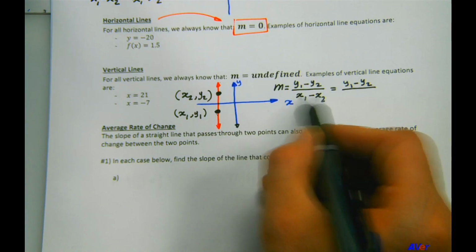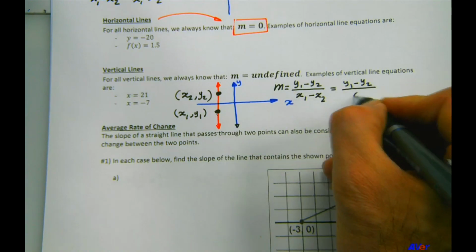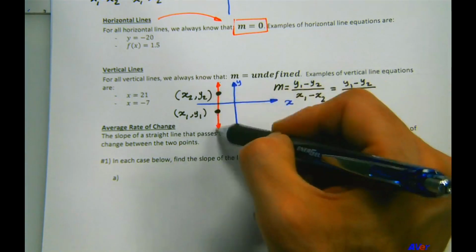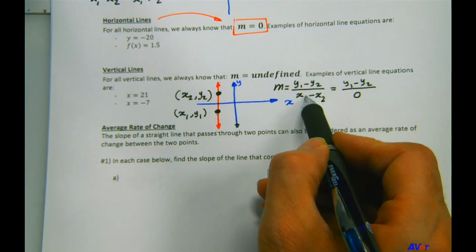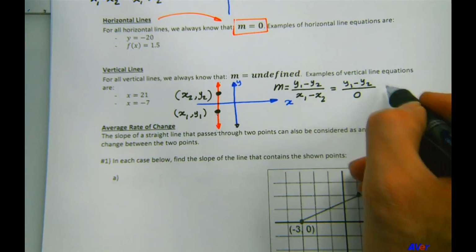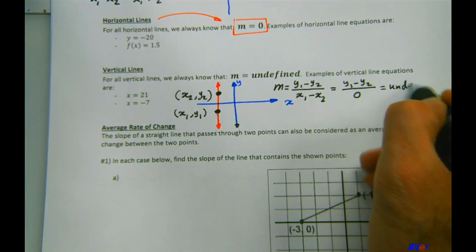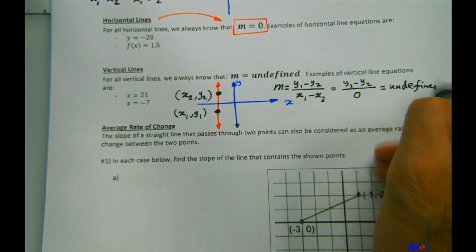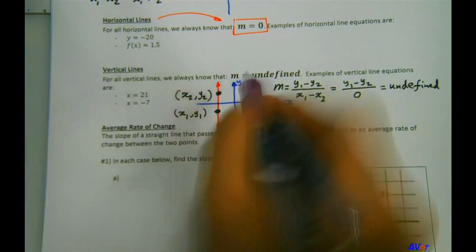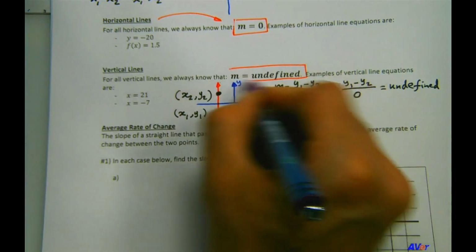So if we subtract them, we get 0. So in effect, for a vertical line, when we calculate the slope, we always end up dividing by 0, which is undefined. Hence, we say that the slope of a vertical line is always undefined.